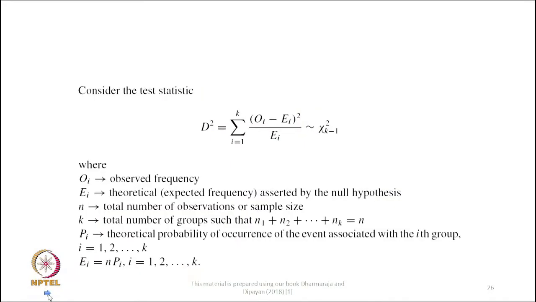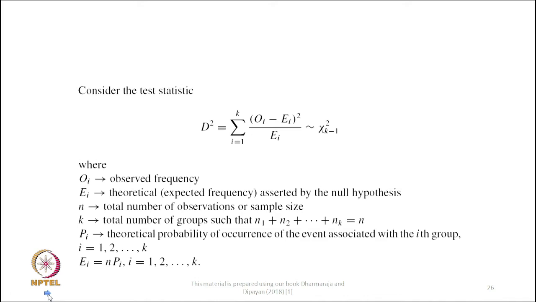Therefore, it is going to be k minus 1 degrees of freedom, not k degrees of freedom. Therefore, the sum of random variables is going to be a chi-square distribution with k minus 1 degrees of freedom. Just for notation's sake, we write d square. So, do not confuse why it is square; whether you write d square or some other notation does not matter, it is just for notation's sake.